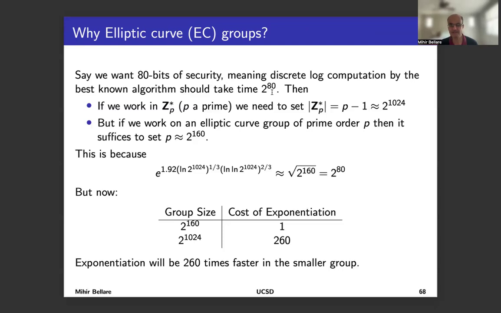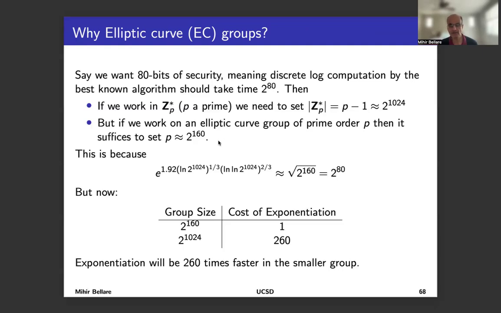What that means is I have to look at the formulas like this one and say, at what point does its value reach 2 to the 80? And it turns out if I solve for p in that equation, the magnitude of p is about 2 to the 1024. So that tells me that I would have to take a prime p of about that size to ensure 80 bits of security for discrete log.